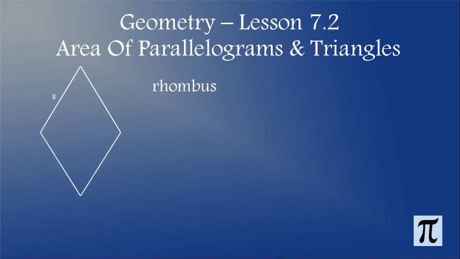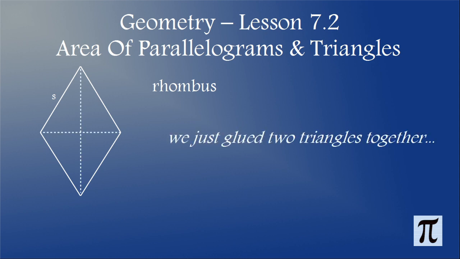Next, let's look at a rhombus. Remember, a rhombus is a quadrilateral where all 4 sides are the same. Here we've denoted the side length as S. Let's draw in the diagonals of this rhombus. So we ended up just gluing 2 triangles together, and we know the area of each triangle is 1/2 the base times the height.